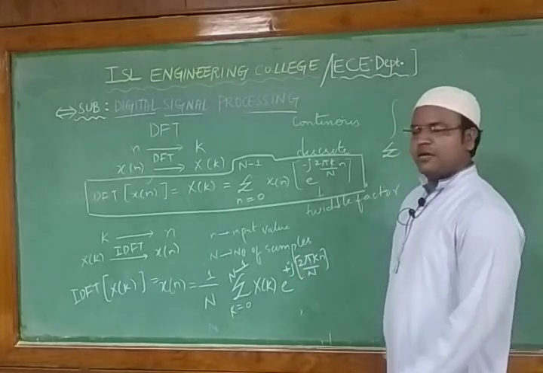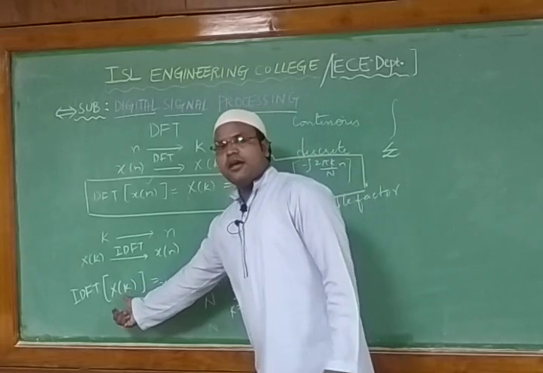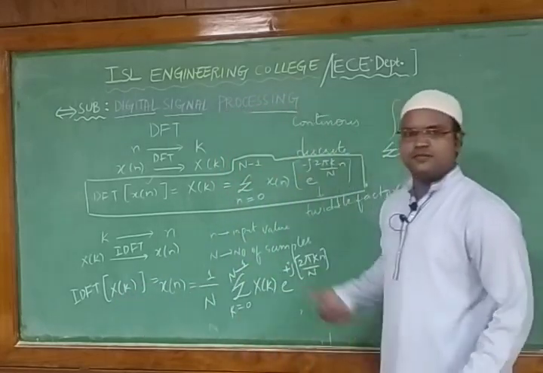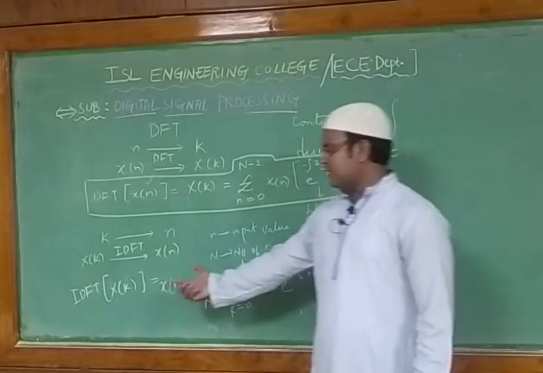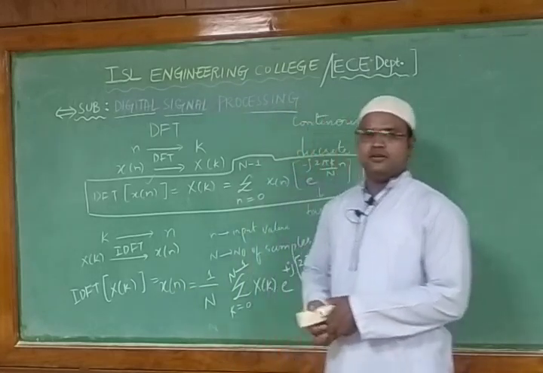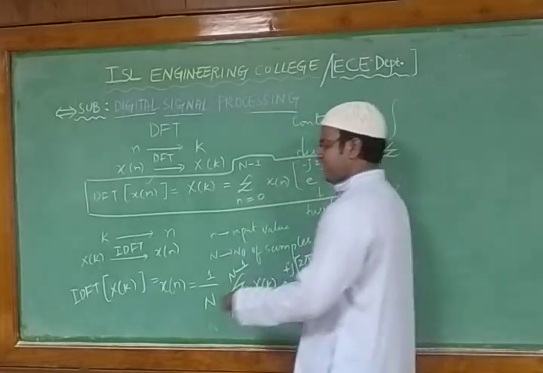That is nothing but your k domain signal being converted into n number of samples by taking this factor. By using this, whatever functions we have, we convert the k domain signal into an n domain signal by applying IDFT.